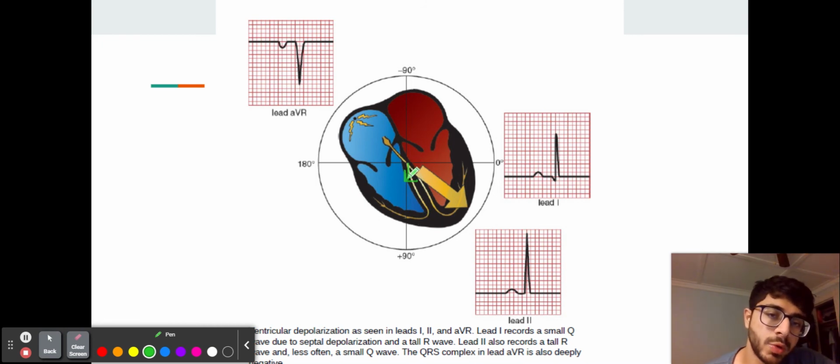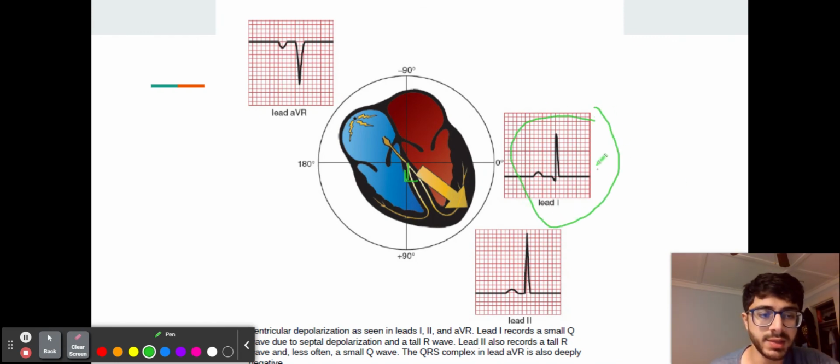So the electricity going into the septal fascicle is going that way, and lead 1 is looking from here. So lead 1 is going to think, hey, for a while, I noticed some electricity go away from me. And that's a negative deflection. So lead 1 will show a negative deflection of the Q of the QRS.